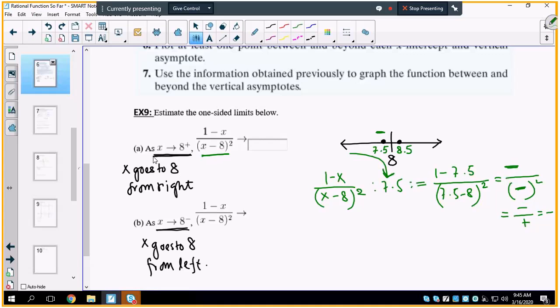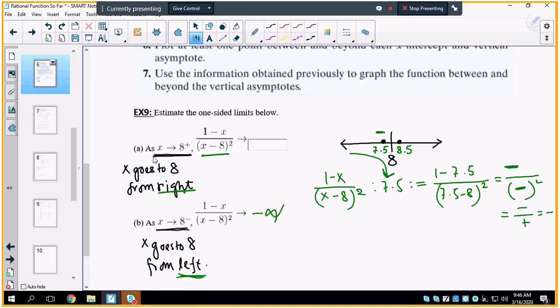So I go ahead and say that on the left hand side, the graph goes to negative infinity. Remember, this is going from right and this is going from left. So this function goes to negative infinity as x goes to 8 from the left hand side. We'll talk about the right hand side now.